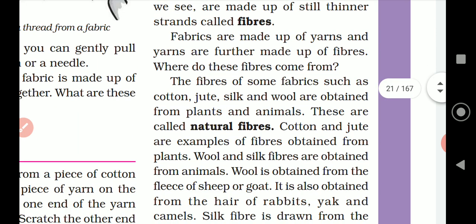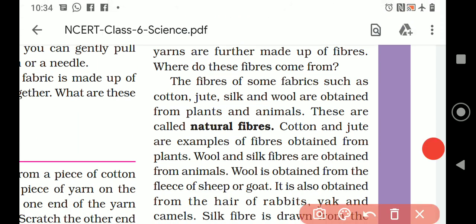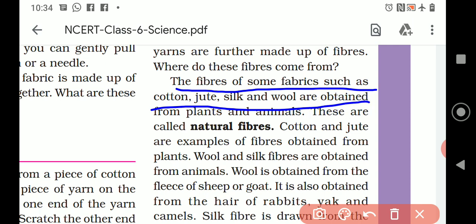So children, please underline the way I am underlining. The fibers of some fabrics such as cotton, jute, silk and wool are obtained from plants and animals, and these are called natural fibers. Okay children, underline the lines which I am underlining together with me.